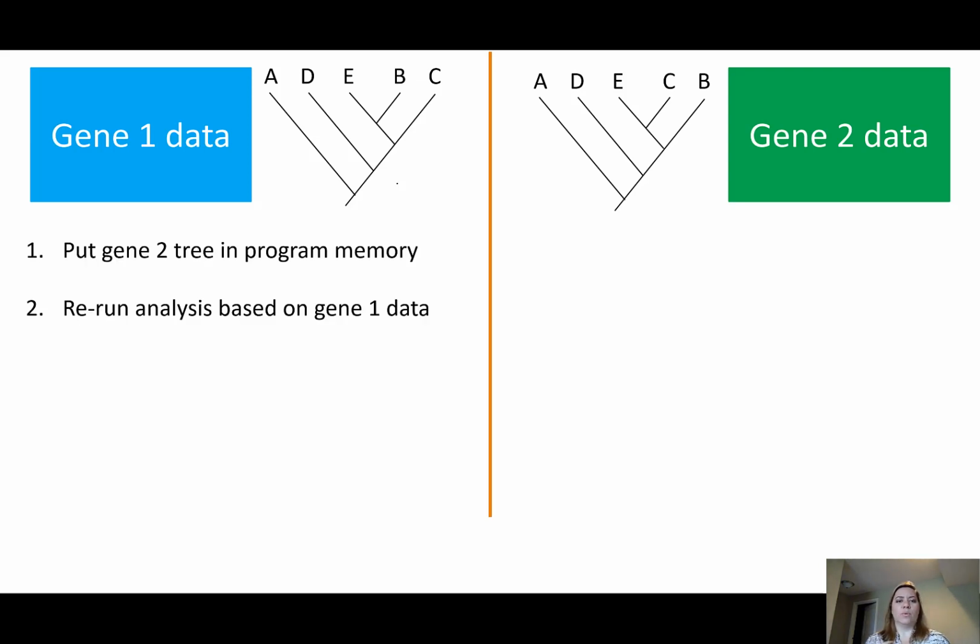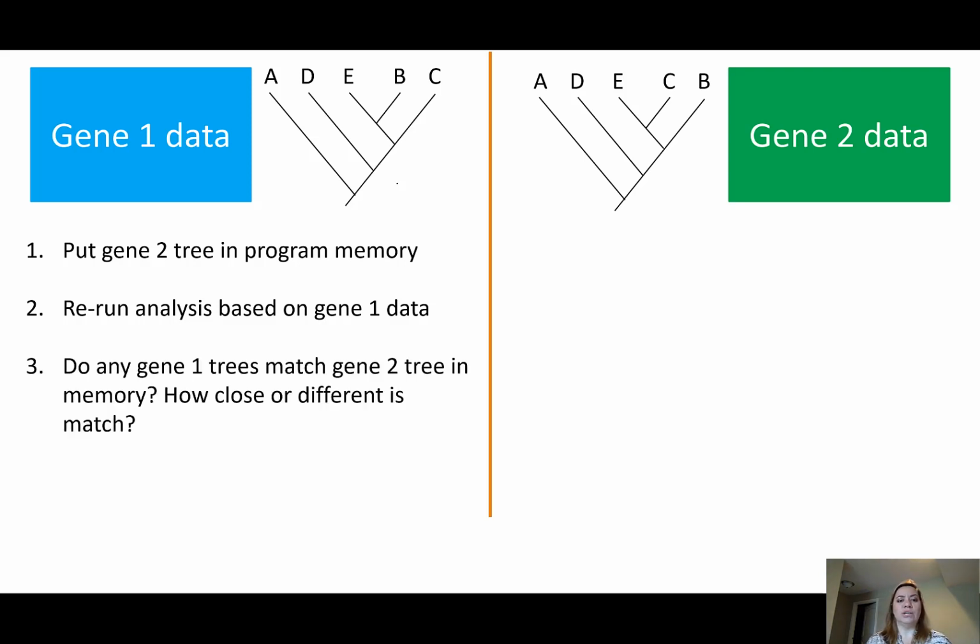Pardon the order of those 2 points, but first you're going to put gene 2's tree in program memory, and you rerun the analysis based on the gene 1 data. Do any of the gene 1 trees match gene 2's tree in memory? And how different or close are those matches? And let's say that the Templeton test gives you a p-value of 0.034.